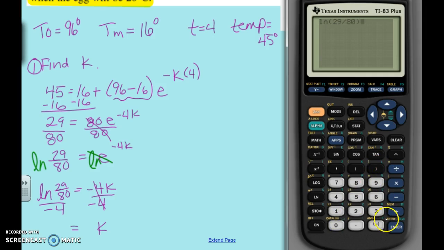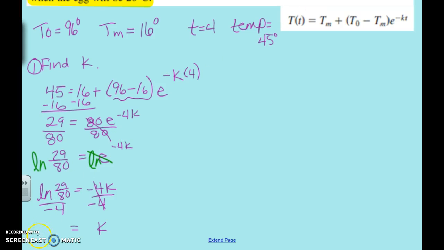Notice that I'm closing that parenthesis, hitting enter, and then I'm going to do the dividing by my negative 4. When I do that math, I get 0.2536, so rounding, 0.2537. So that's our K value.